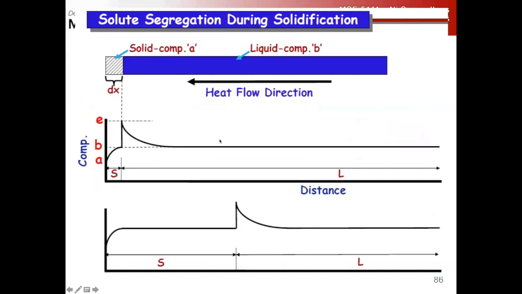And remember that our solute is going to segregate during solidification, right? So we've got this concentration gradient out front. And as we solidify, this picture is the schematic of zone refining, right?